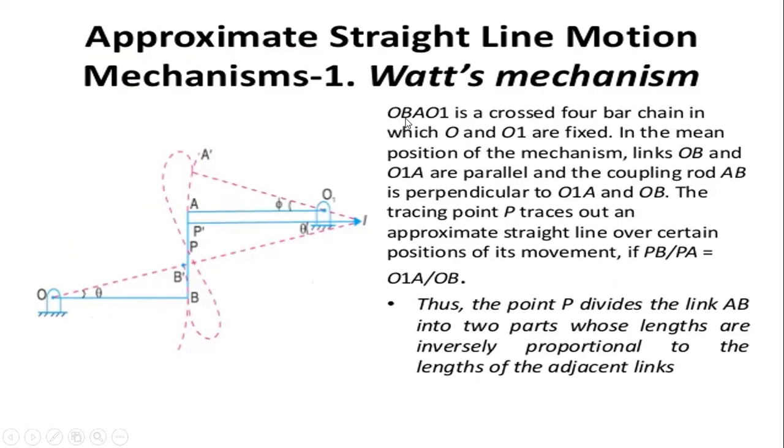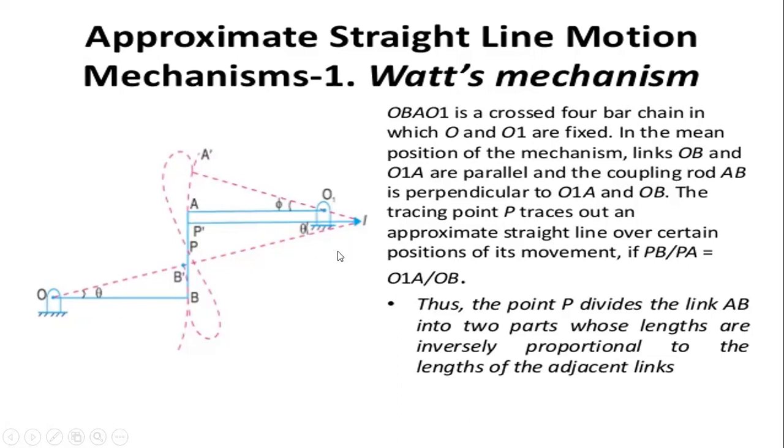So OBAO1 is a crossed four bar chain, in which O and O1 are the fixed points.